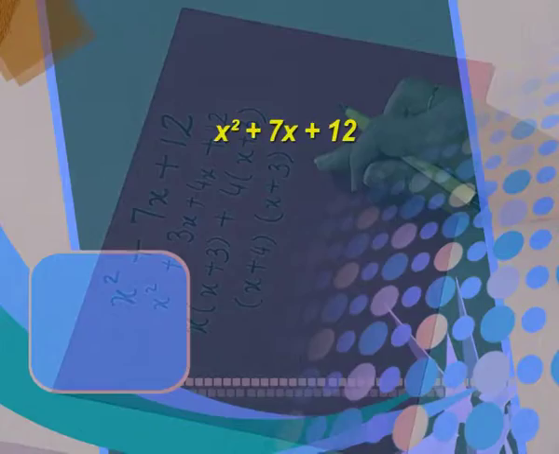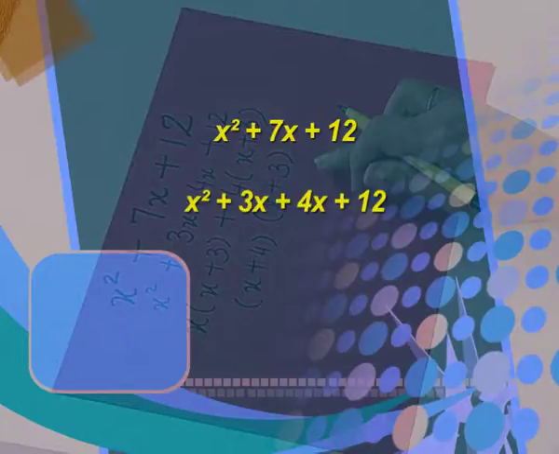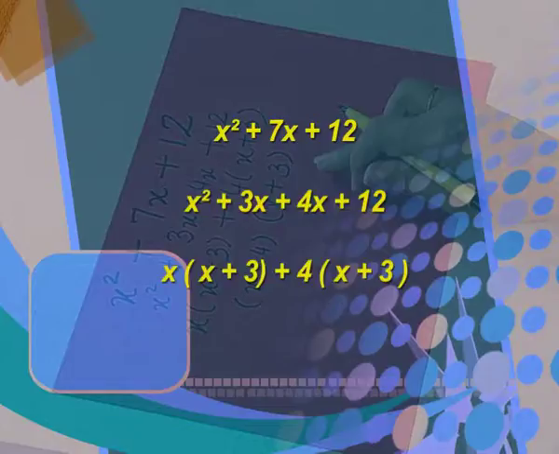Students, let us try and factorize the same polynomial algebraically. So, x square plus 7x can be split into 3x plus 4x plus 12. In the first two terms, x is common, and in the last two terms, 4 is common.